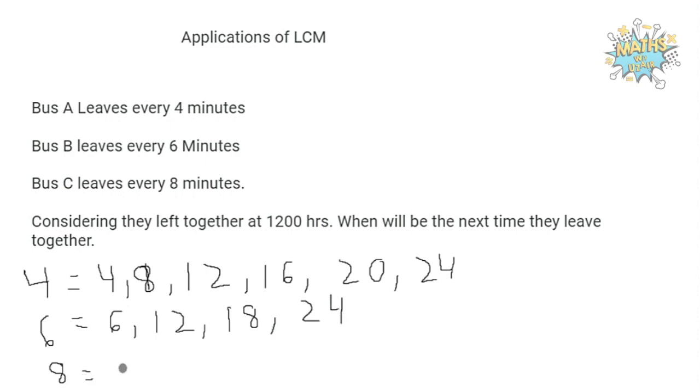Now let's look at 8. 8 times 1 is 8, 8 times 2 is 16, and 8 times 3 is 24. So 24 is common. So they're going to leave again after 24 minutes.